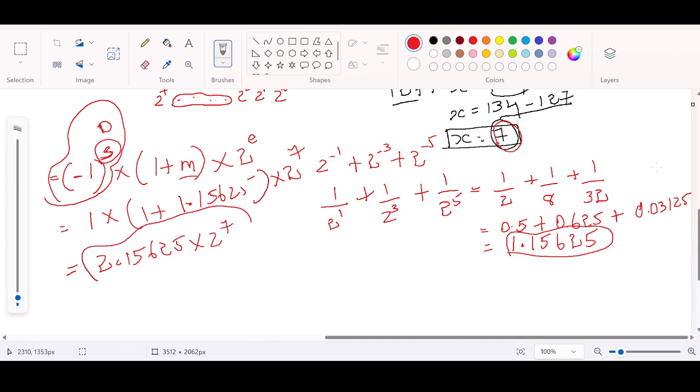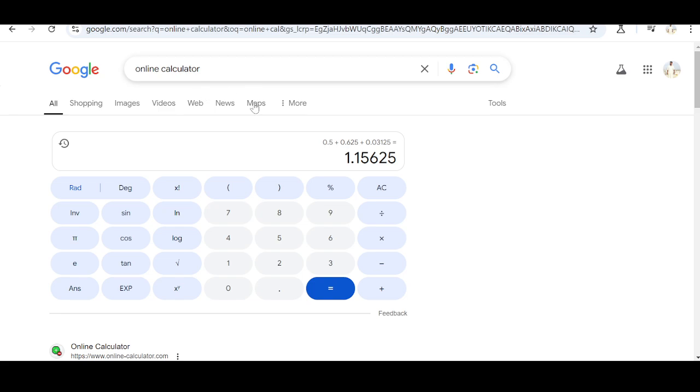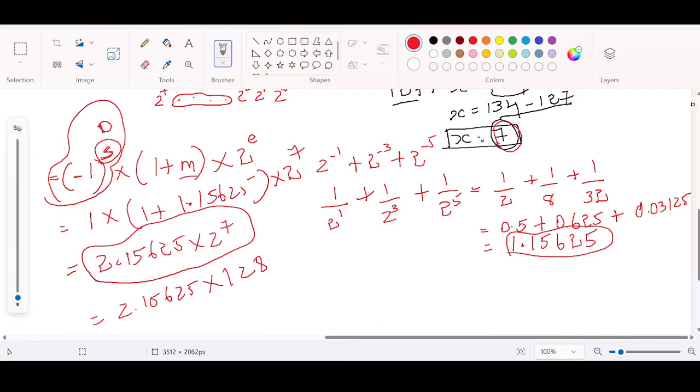If you convert this, you will get a number. So 2 to the power of 7 is what? 128. 128 into 1.15625. Let's do.